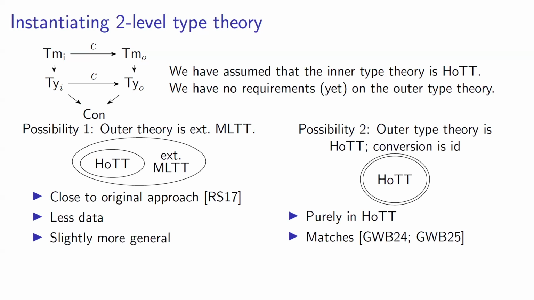The first canonical choice is to say that the outer theory is extensional Martin-Löf type theory, so it really behaves like the meta theory of HoTT. Another choice is to say that the outer theory is just homotopy type theory again, and the conversion functor between them is the identity. So then we get this picture.